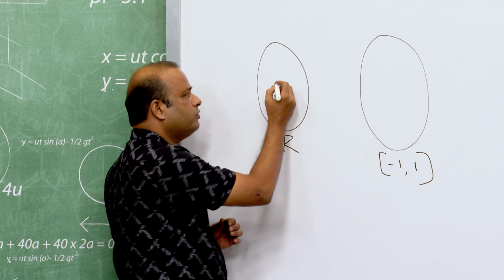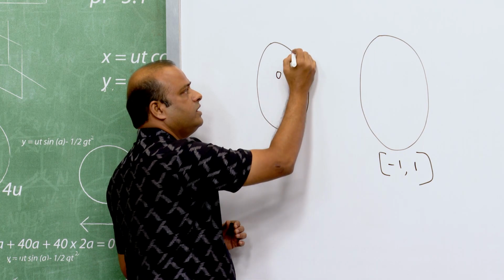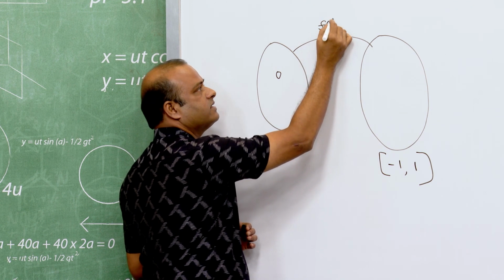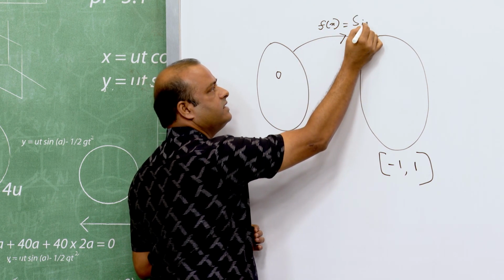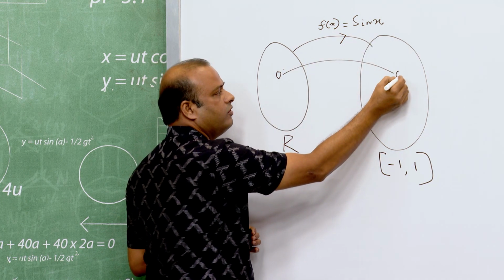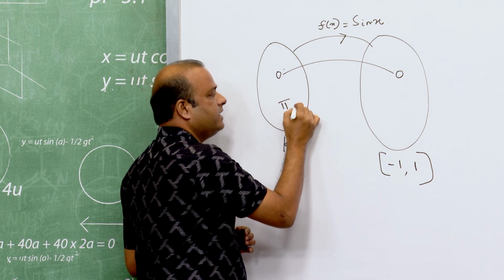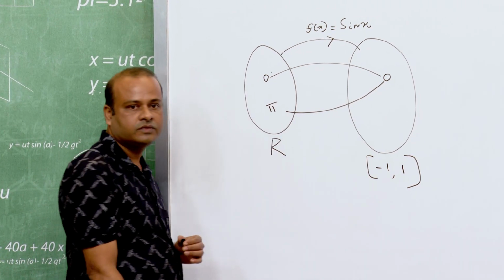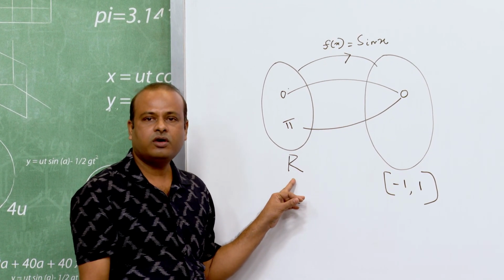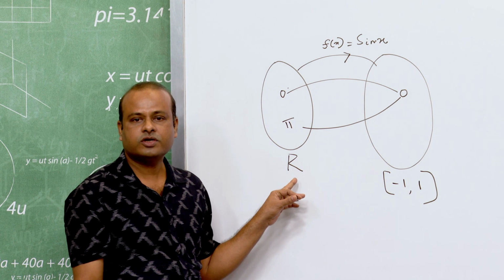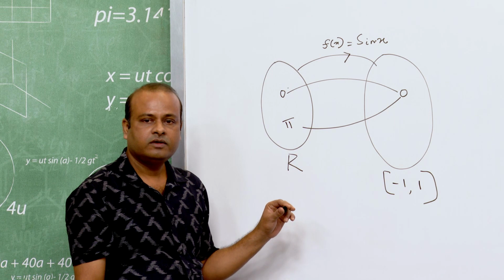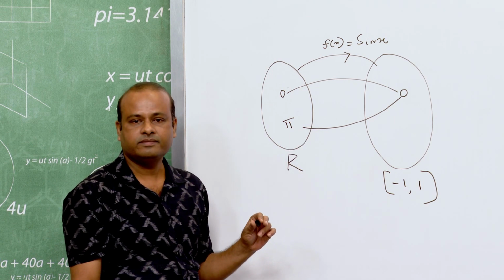What I have told you, if the function f(x) is sin x, for 0 it is 0 and for pi it is again 0. This domain is called the natural domain of the function sin x, that is R. In this domain the function is not bijective.